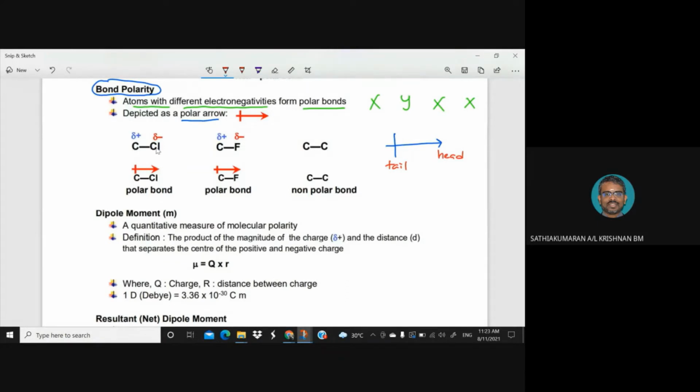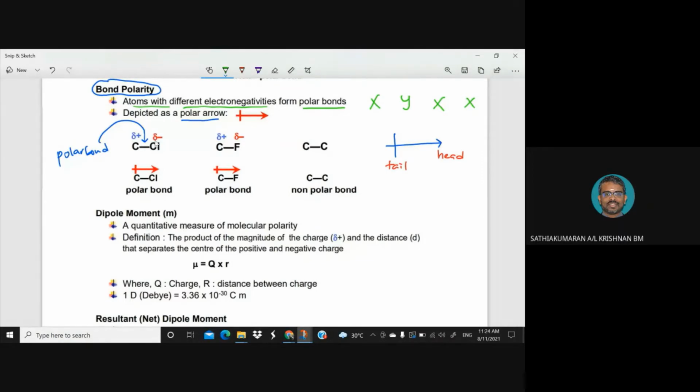I have carbon and chlorine here. Is this bond a polar bond? Let us check. Does it have two atoms of different electronegativity? Yes, carbon and chlorine. Which atom is more electronegative? Chlorine. So its tendency to attract the bonding electron pair towards itself is greater, and the electron density distribution towards chlorine will be higher.